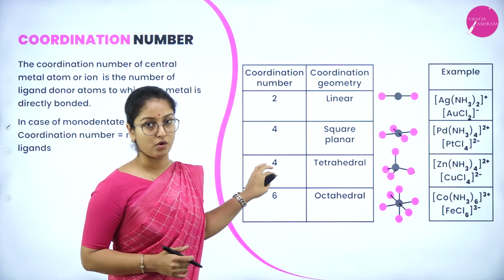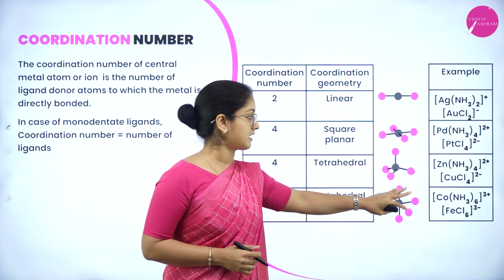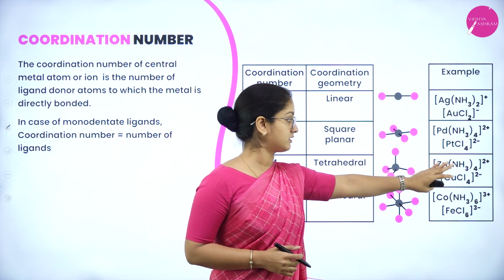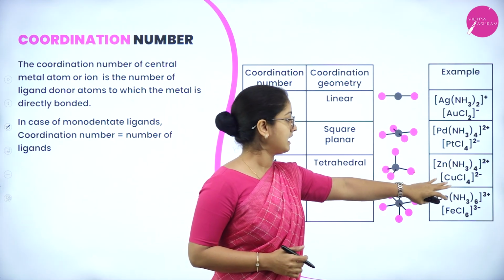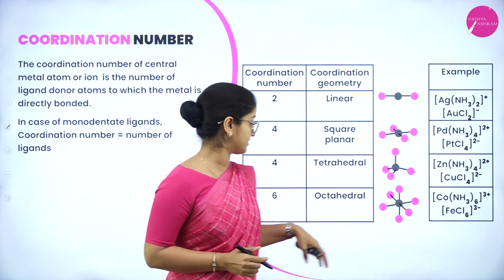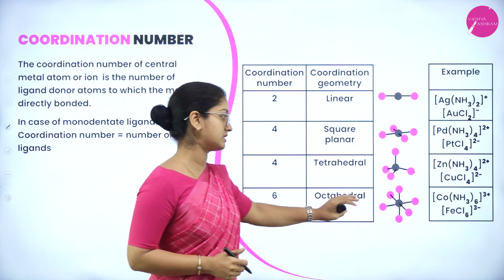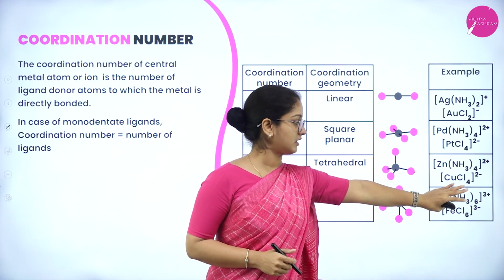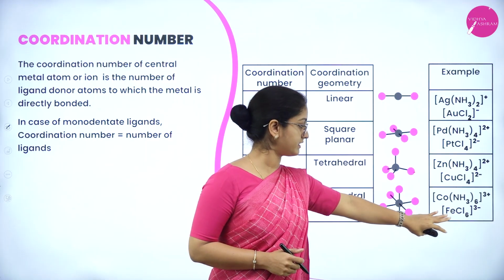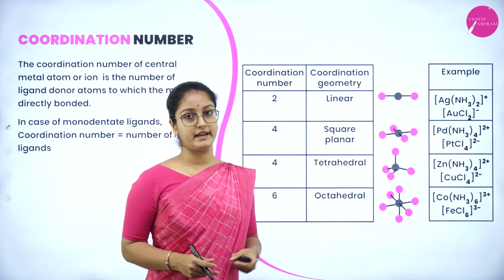Coordination number 4 can have a square planar geometry, and examples include [Pd(NH3)4]2+ and [PtCl4]2-. Coordination number 4 also has a geometry called tetrahedral. Examples are [Zn(NH3)4]2+ and [CuCl4]2-. Coordination number 6 has an octahedral geometry. The complexes include [Co(NH3)6]3+ and [FeCl6]3-. So here are a few examples.